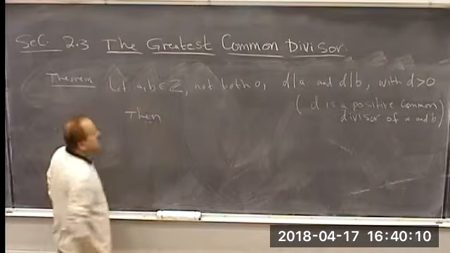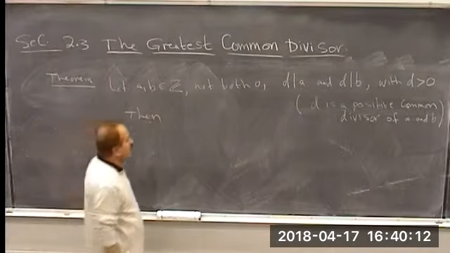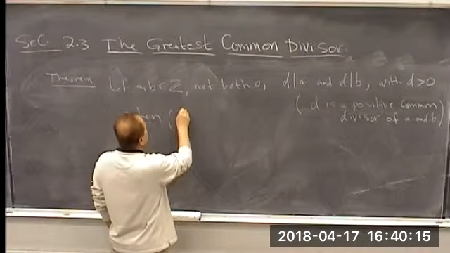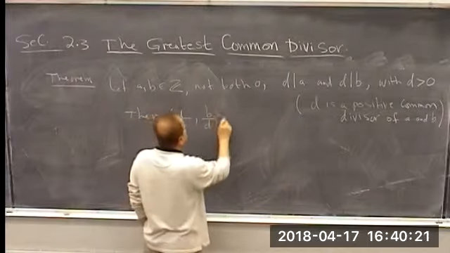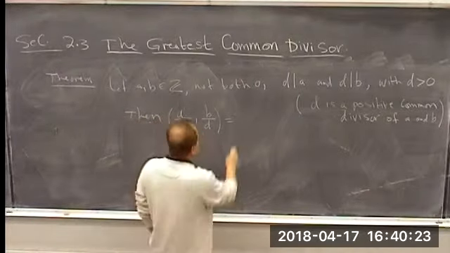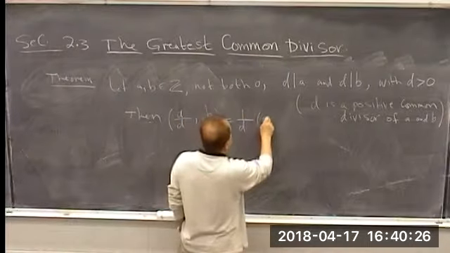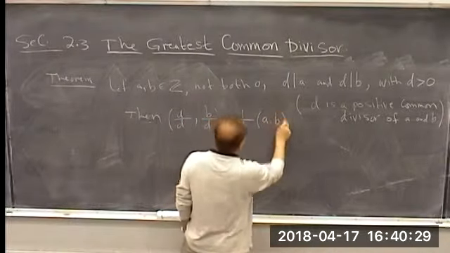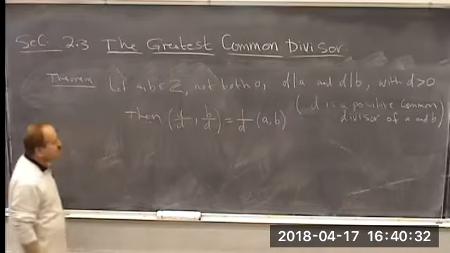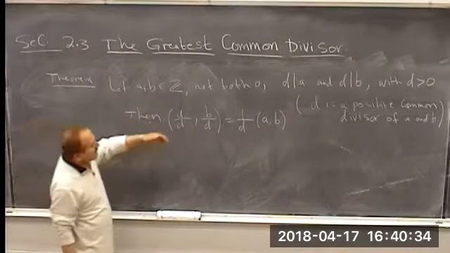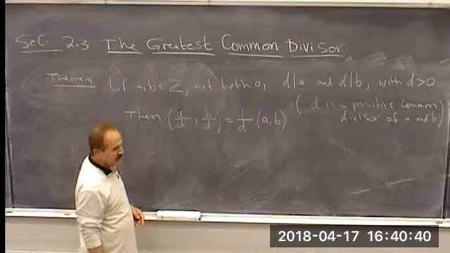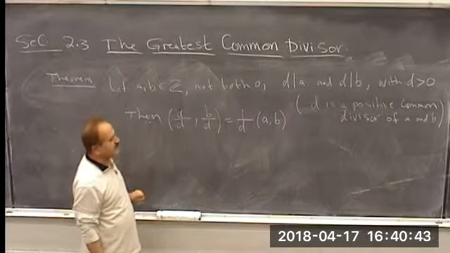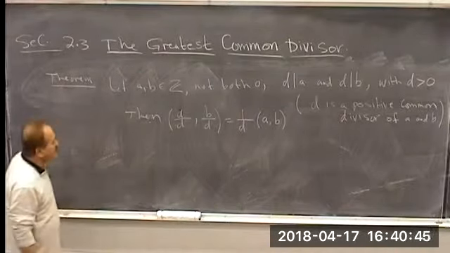Then we have the greatest common divisor of A over D, B over D is equal to 1 over D times the greatest common divisor of A, B. We cannot say that the M is equal 1 over D in here, because that will not be an integer, so it doesn't apply. So this is 1.